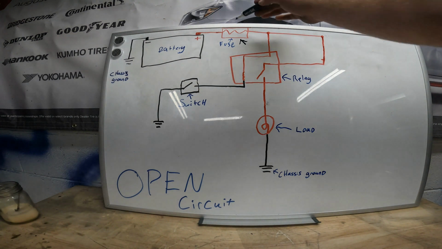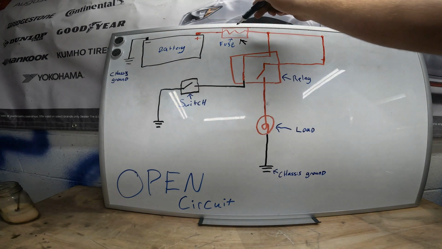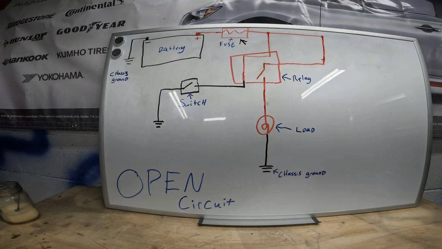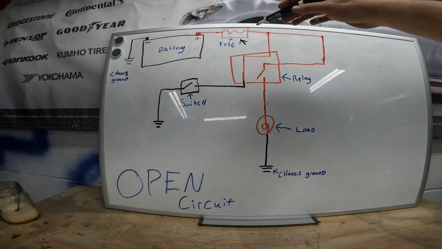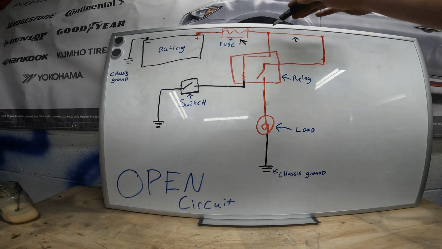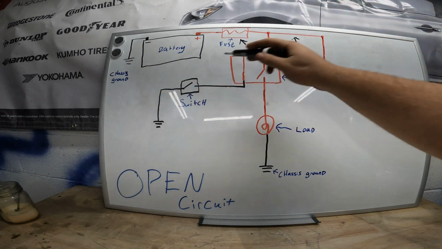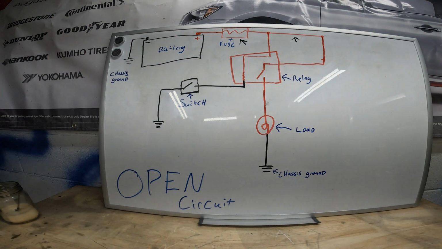An open circuit here will leave you at 12 volts up until that fuse. Same thing directly after that. Open circuit here, it'll leave you at 12 volts up until the open, 0 voltage after, unable to function.